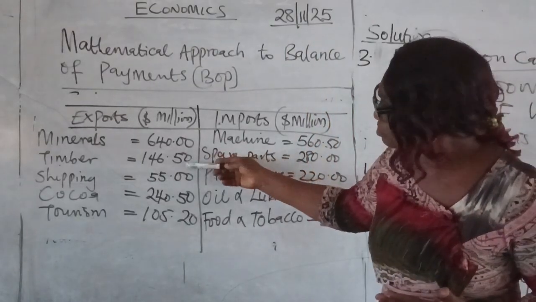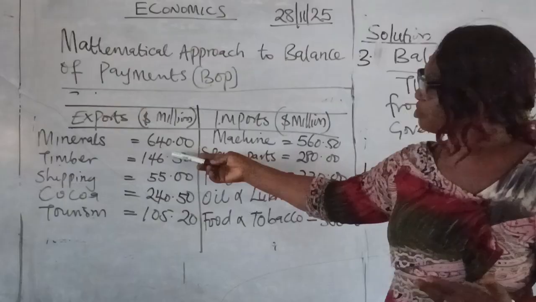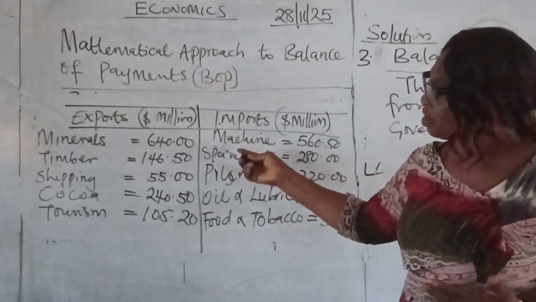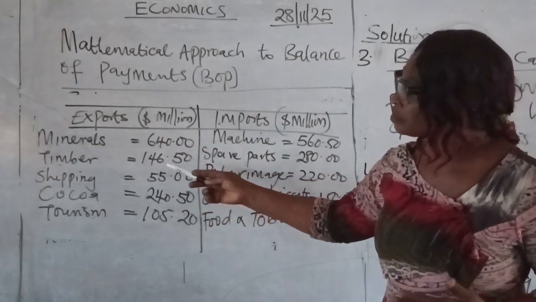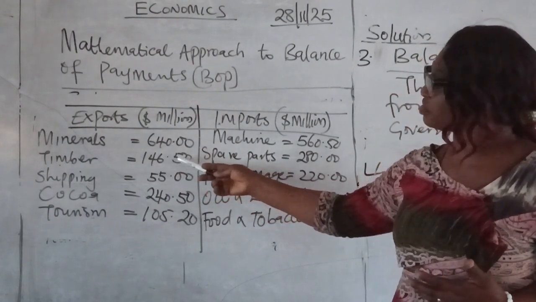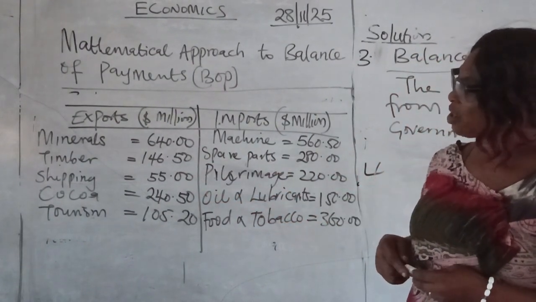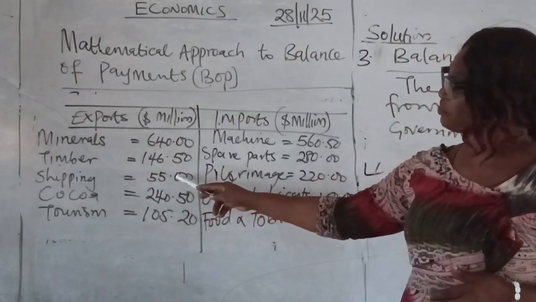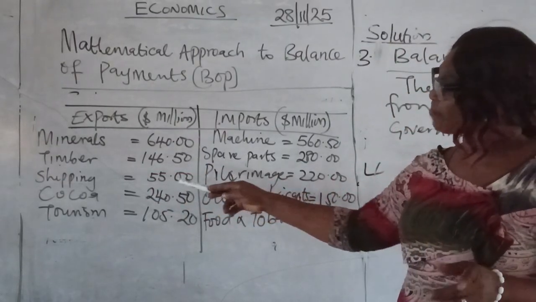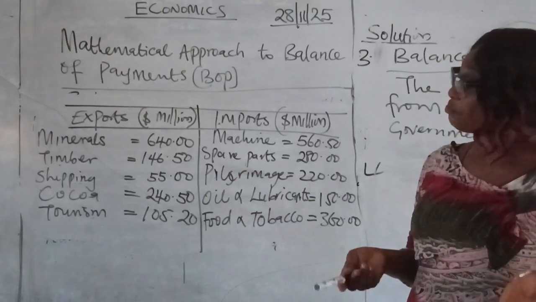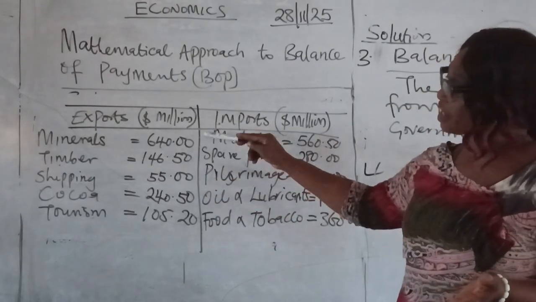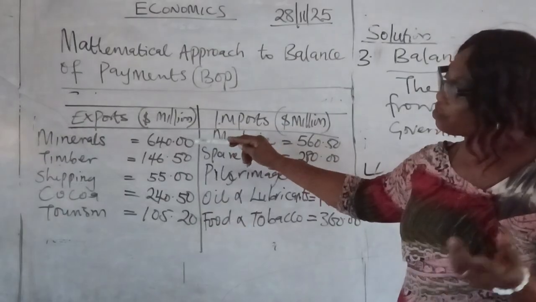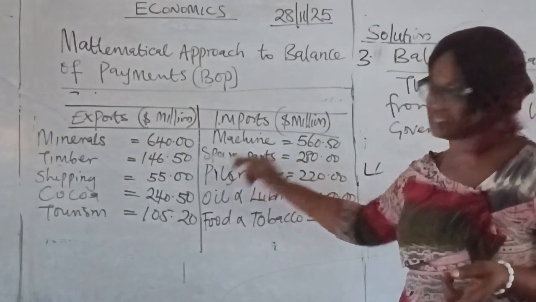When you look at this table now, you will find out, look at the major export, 640. Look at another one, $146.50 million. When you compare it with the shipping here, $55 million. So when you look at this, the mineral, the timber, they are more than this.